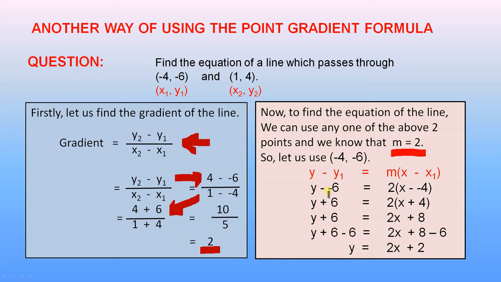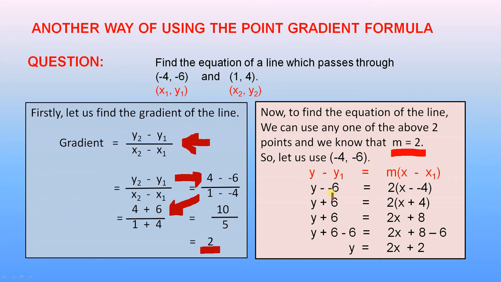So y minus minus 6 equals 2 outside of x minus x1, which is x minus minus 4.